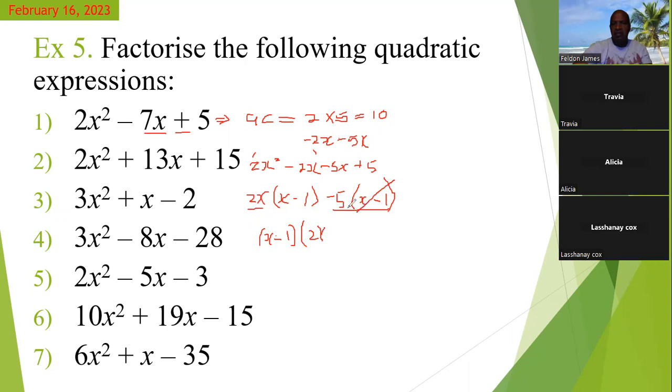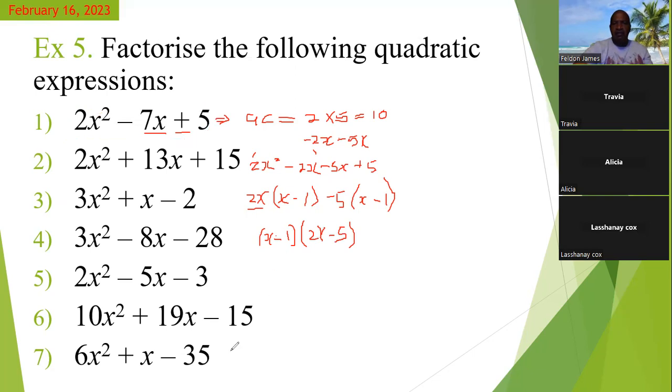This will cancel out, leaving just a -5. So we are going to put -5 in this bracket here. And so our factors then will be x minus 1 times 2x minus 5, all right? So when we factorize this expression completely, we will get x minus 1 times 2x minus 5.